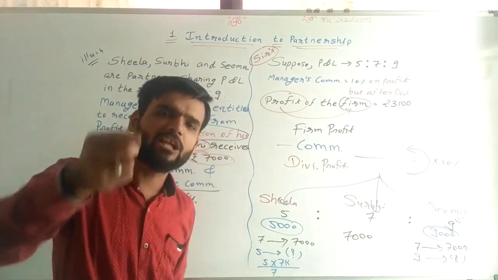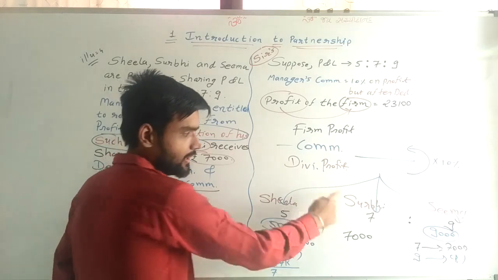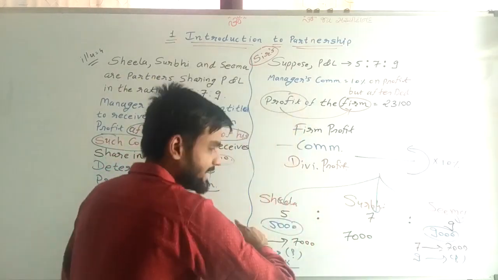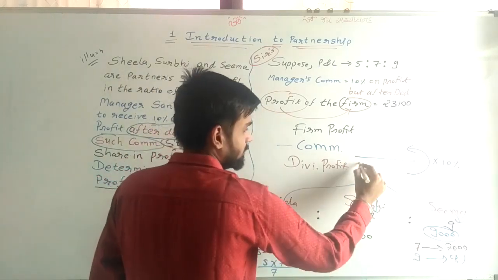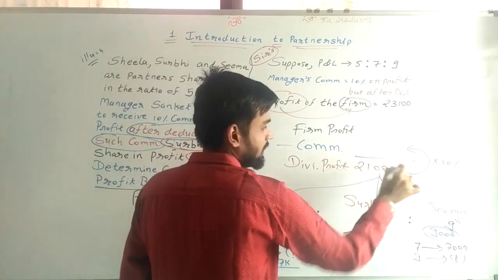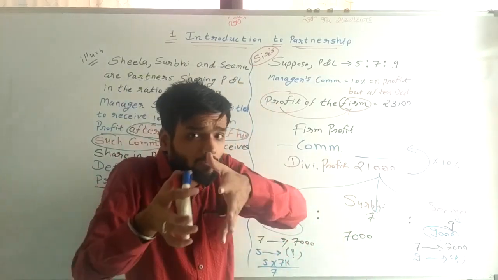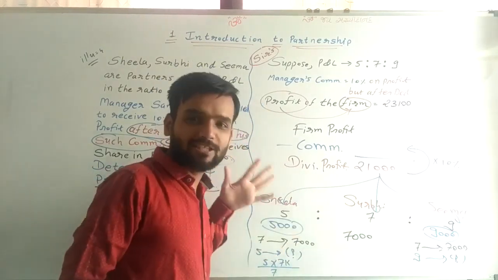Now if we make the total of these 3 profits: Sheila's profit 5,000 plus Surbhi's profit 7,000 plus Seema's profit 9,000. We are getting 21,000 rupees divisible profit. Because whatever profit is distributed among the partners is called divisible profit.